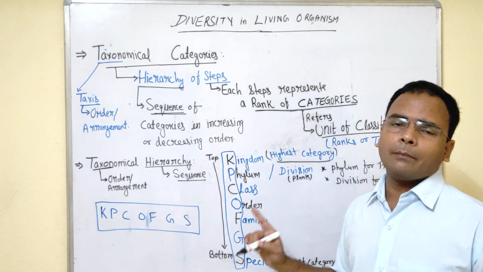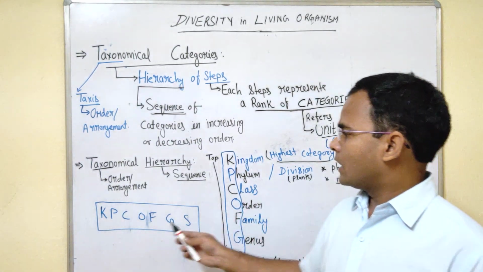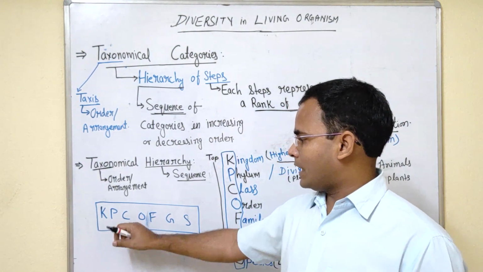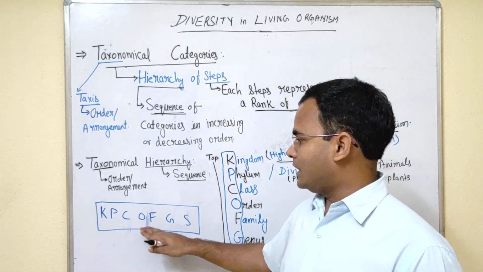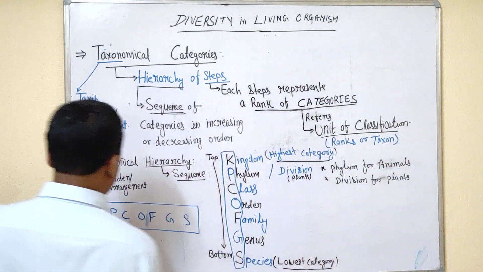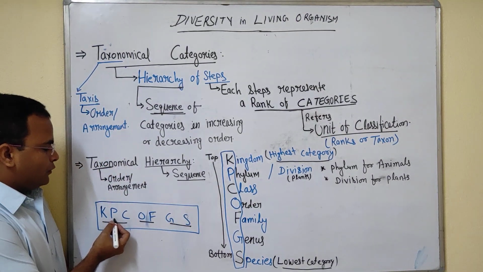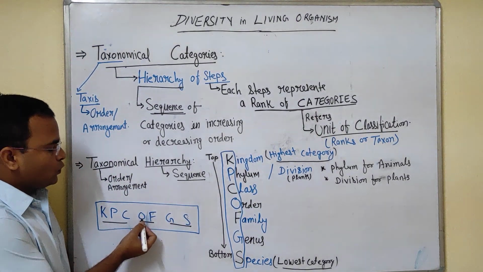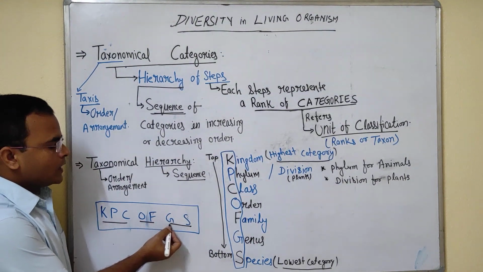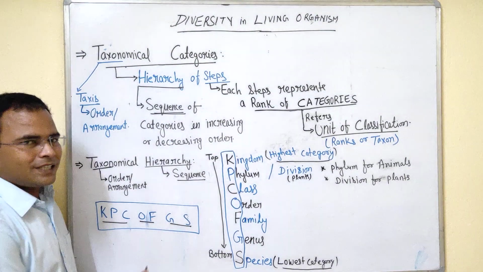We have to remember this in sequence. I remember it like KPC of GS: K for kingdom, P for phylum, C for class, O for order, F for family, G for genus, and S for species.